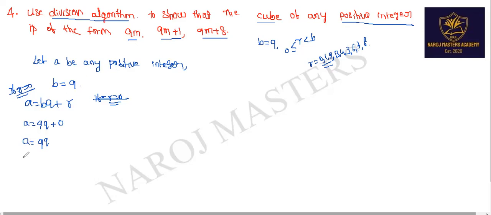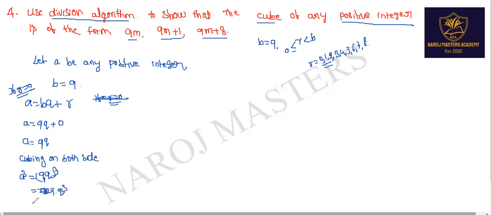So cubing on both sides, a cube is equal to 9q whole cube, that equals 9 cube is 729 into q cube.